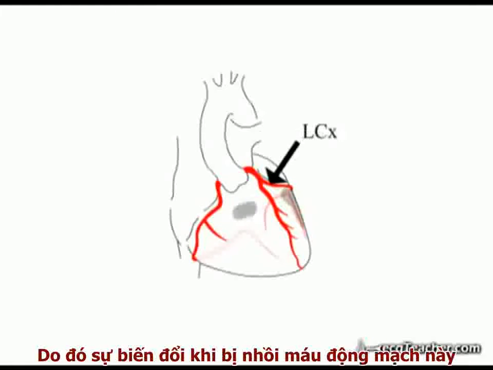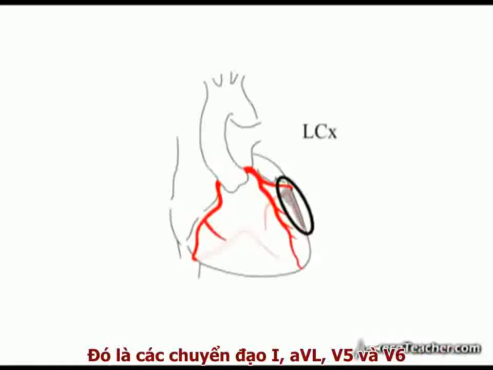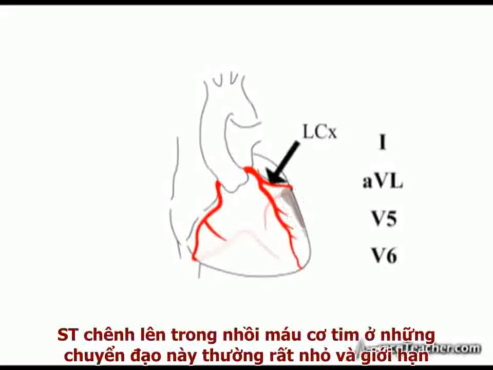So the changes of infarction in the territory of this vessel are prominent in those leads looking at the left lateral surface of the heart. That is, lead 1, AVL, V5 and V6. Changes of ST elevation MI in these ECG leads are often subtle and are easily missed.